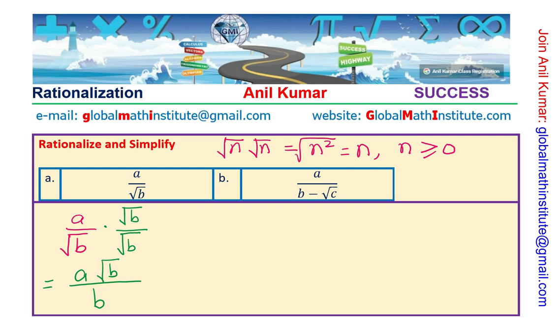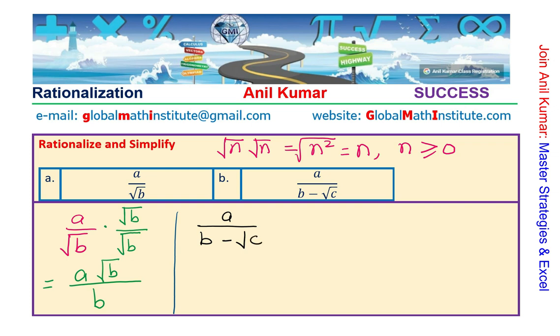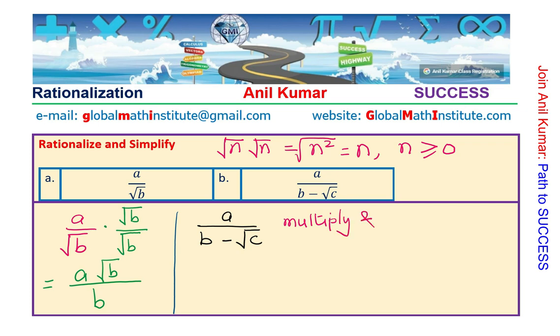Now let's take up the part b, which is slightly tricky. We have a over b minus square root c. How do we rationalize this? So to rationalize, what we do is we multiply and divide by its conjugate. So the concept here is to multiply and divide by conjugate.